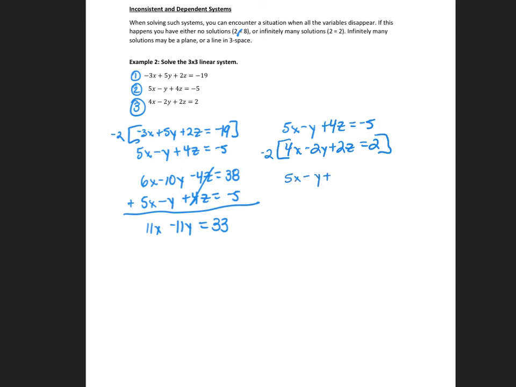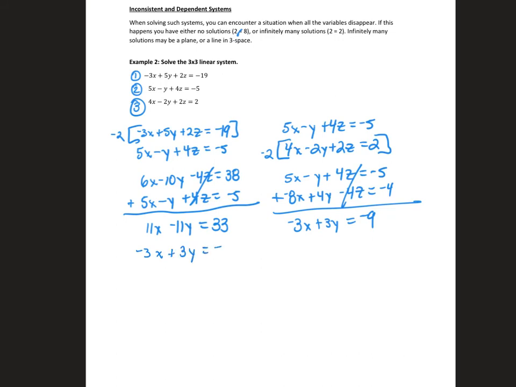I have 5x minus y plus 4z equals -5, and -8x plus 4y minus 4z equals -4. And when I add those equations together, I get -3x plus 3y equals -9. So I've now just reduced this from a 3 by 3 to a 2 by 2. So I have 11x minus 11y equals 33, and -3x plus 3y equals -9.